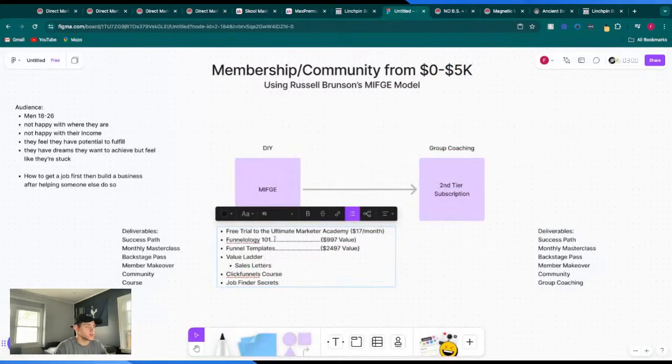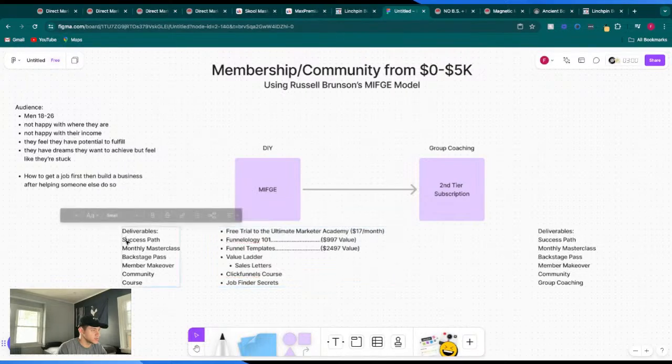Can we somehow market these things? The success path, the backstage pass, because that's part of it. See if there's another one.